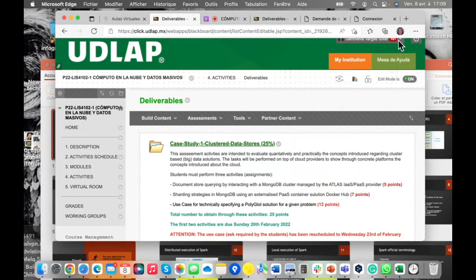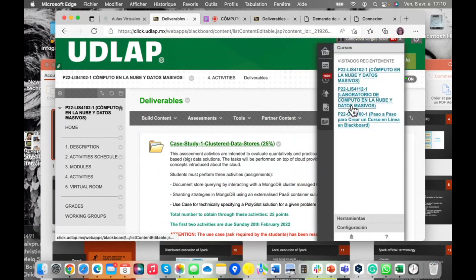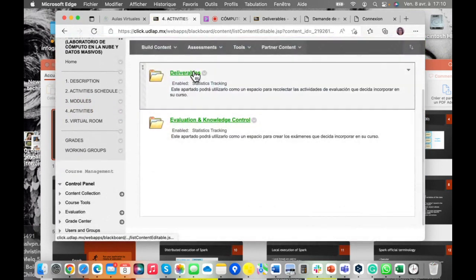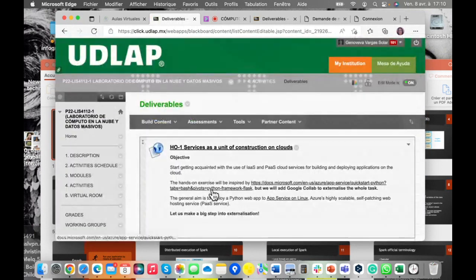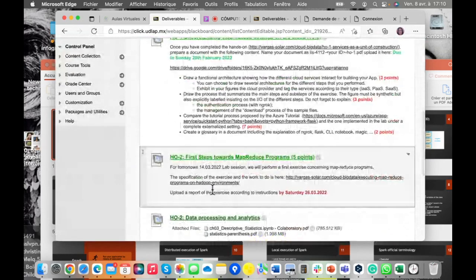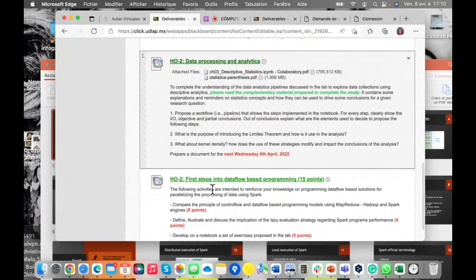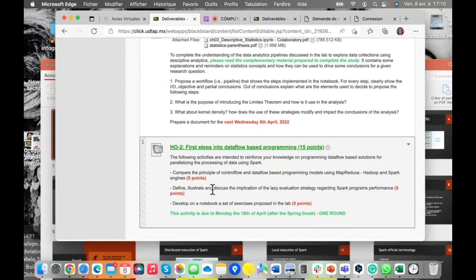In the lab, so let's go back to the lab, so that I don't tell you lies. Because there was one of the exercises that I think was due this Saturday, 26, Wednesday 6th of April, so this is done.